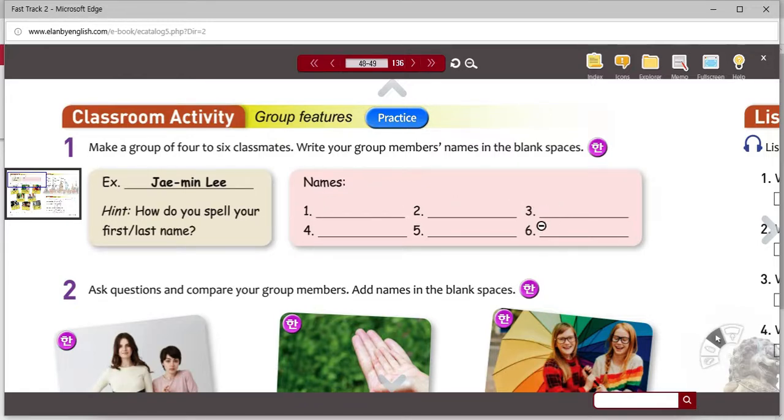You could also use family members, or maybe the first six people that you see on the camera roll on your phone. You just write their names down, and then you're going to talk about them. So take a moment, choose six names. If you are in a group, you can just write each other's names down. I'll give you a minute to prepare that activity. Six names.